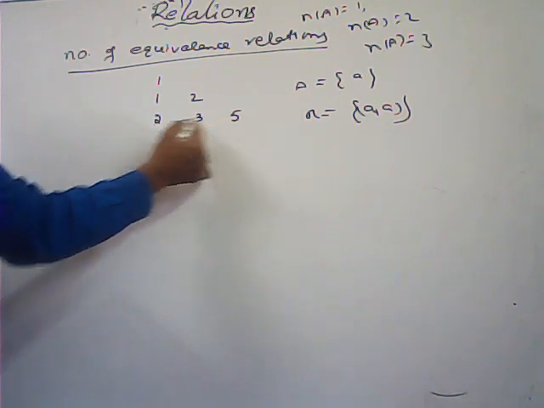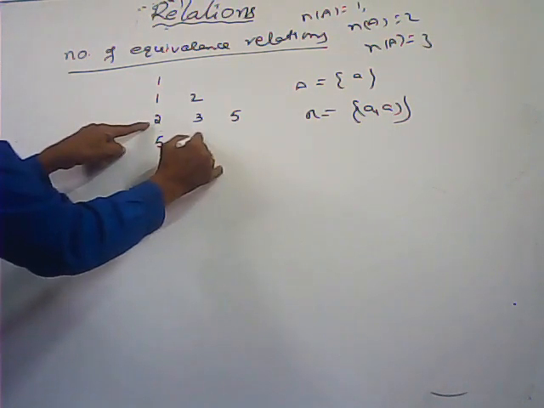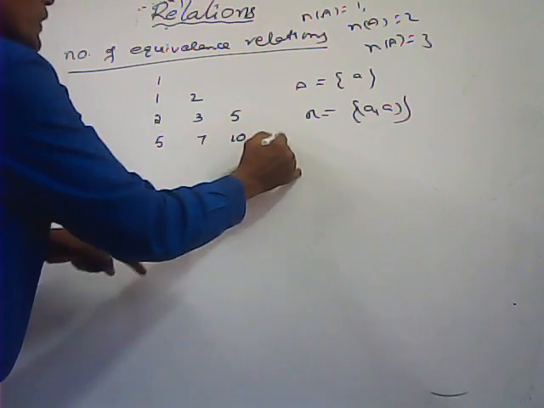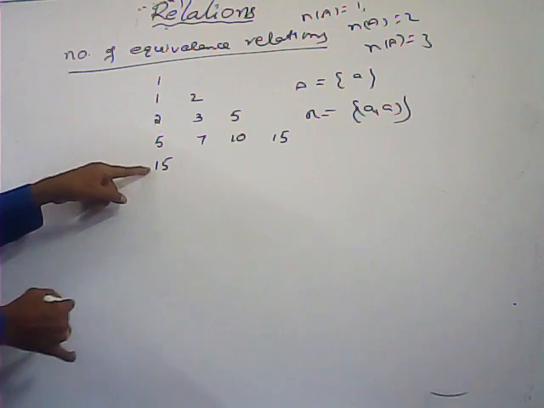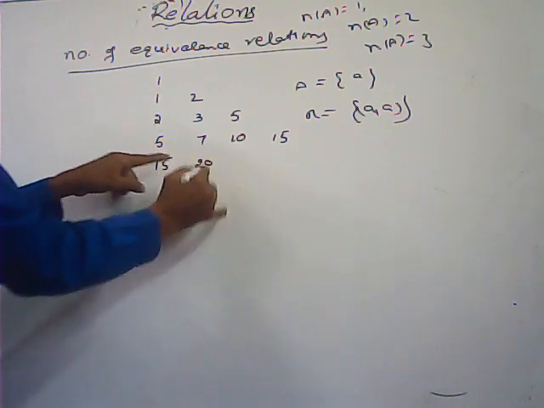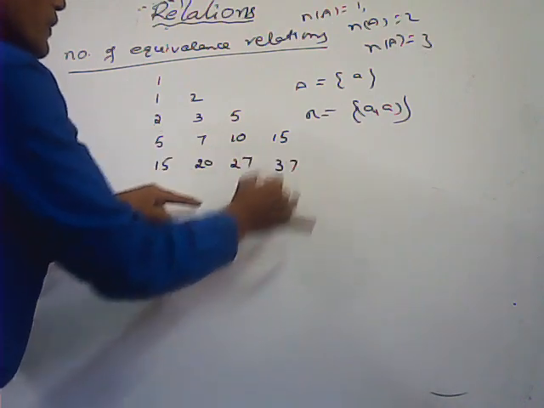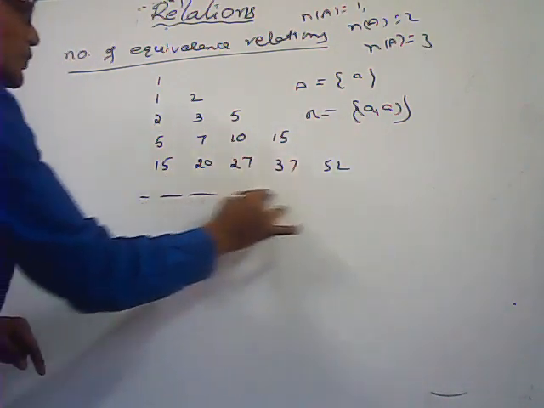And here it ends with 5. So the next row starts with 5. Now 5 plus 2, 7. 7 plus 3, 10. 10 plus 5, 15. So again it starts with 15. 15 plus 5, 20. 20 plus 7, 27. Plus 10, 37. Then 52. Like that you can continue this one.